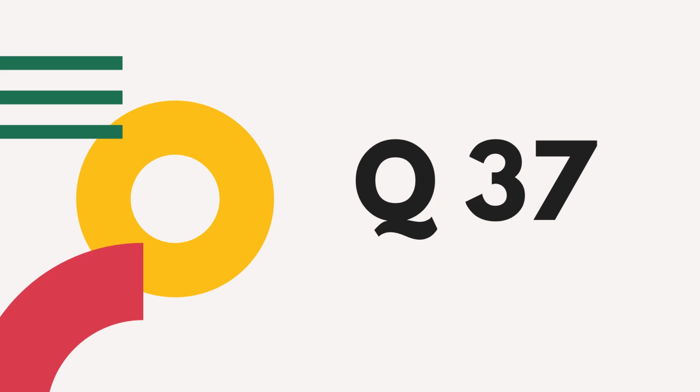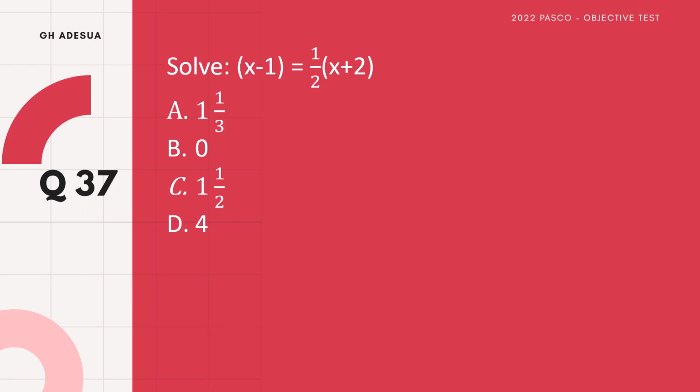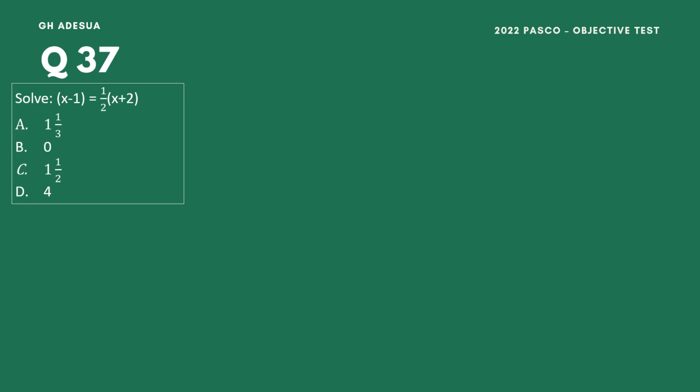So 37, we have to solve x minus 1 equal to 1 over 2 times (x plus 2). In solving this, we are looking for x.